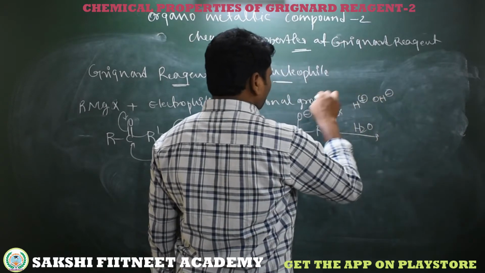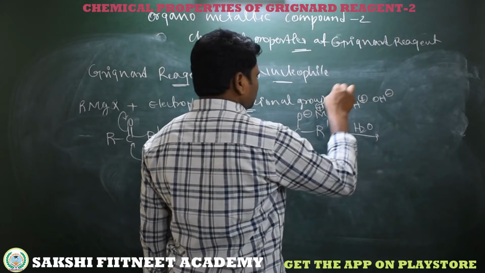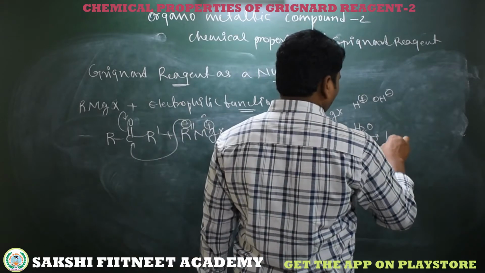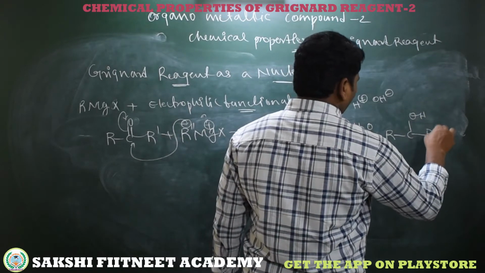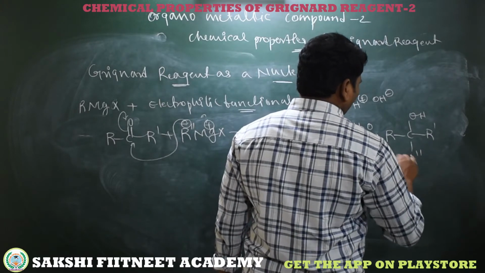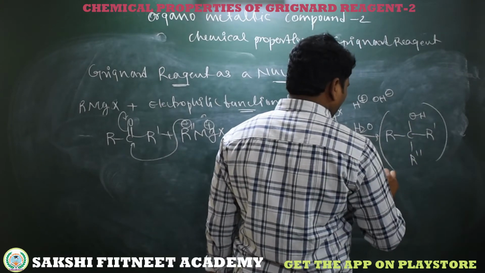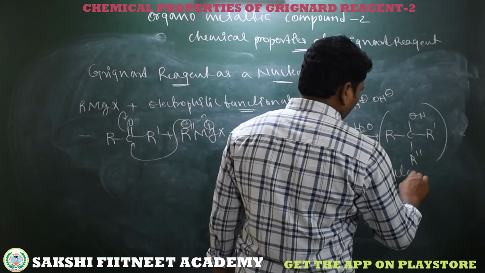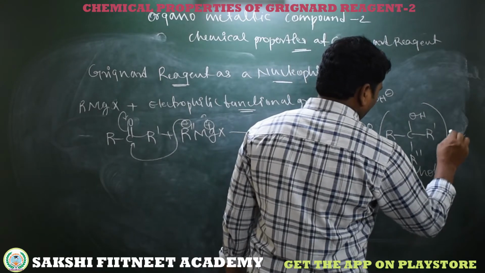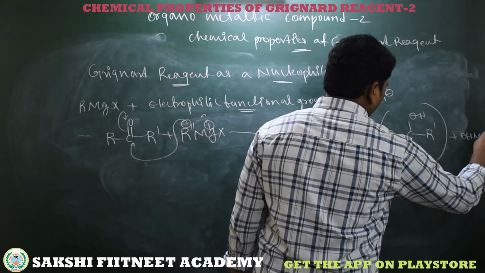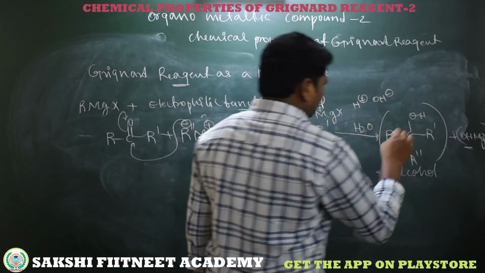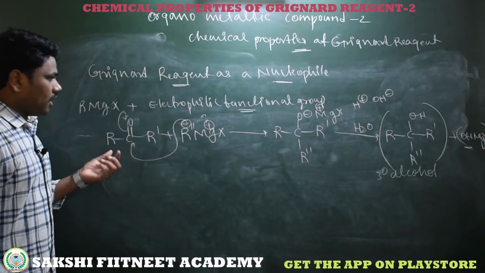H plus goes towards O minus, OH minus goes towards MgX plus. Finally we will get R prime, C, OH, R double prime. What about this product? This is the tertiary alcohol. Along with this we will get OH MgX. So this is the product from the ketone.